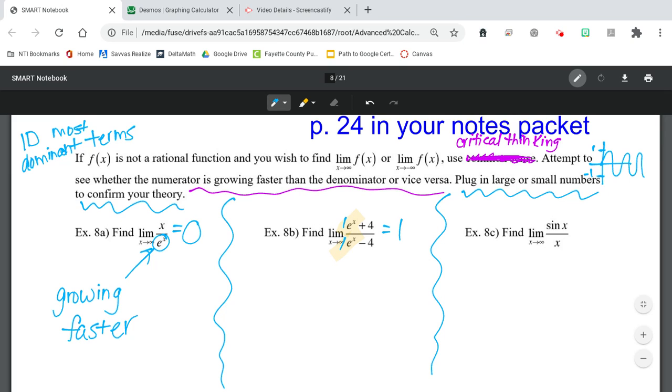But I can think about some reasoning here because sine, the top, is always going to oscillate back and forth between negative 1 to positive 1. So the numerator is only ever going to be a number between positive 1 and negative 1. Yes, it will go back and forth, but it's only going to be in between those two numbers. Now, x, the denominator, is going to keep growing.